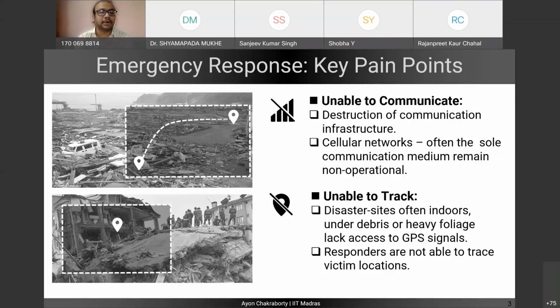Where there are more victims, I need to spend my resources there. Right? But since we don't have this information, we have to do something like blindfolded, right? We just test our luck and go to every corner and try to look for victims, right? So we can try to see how a combination of sensing as well as communication can help address this problem to some extent.